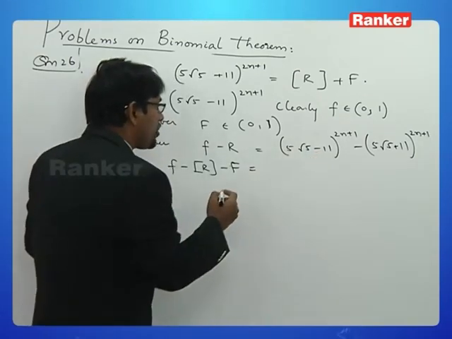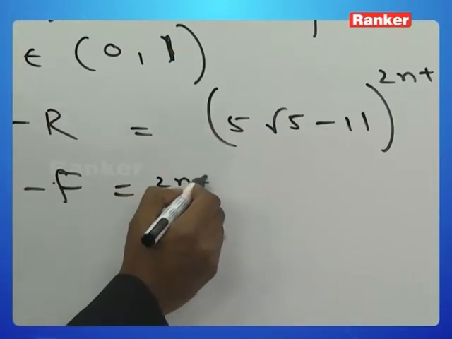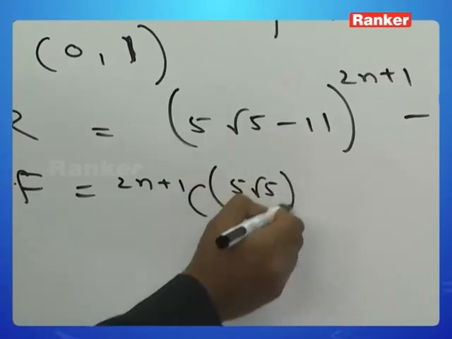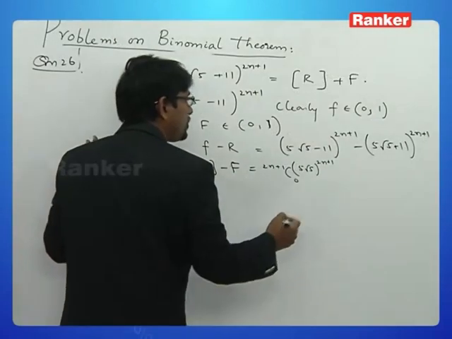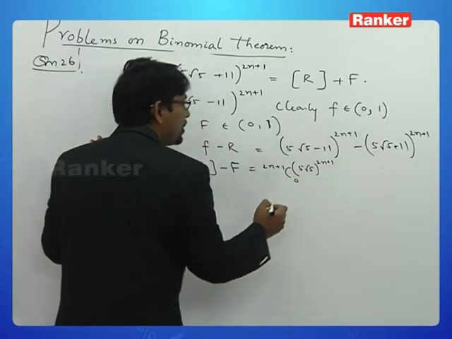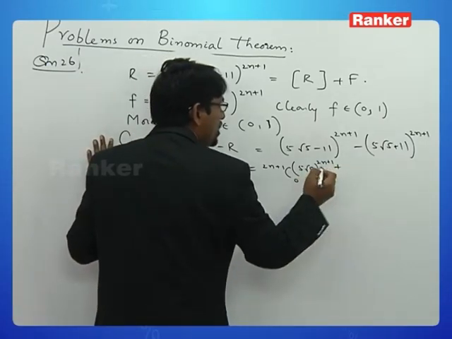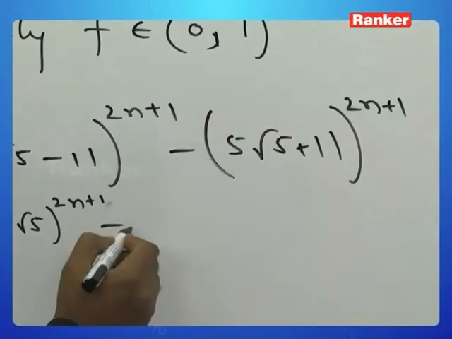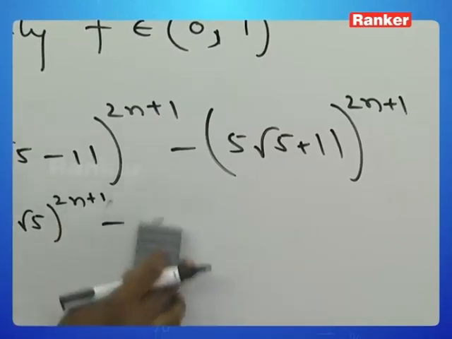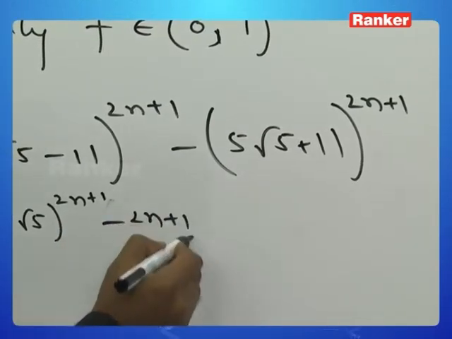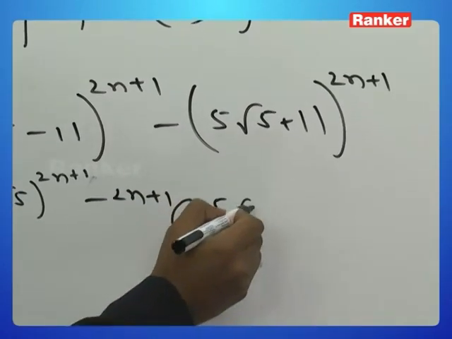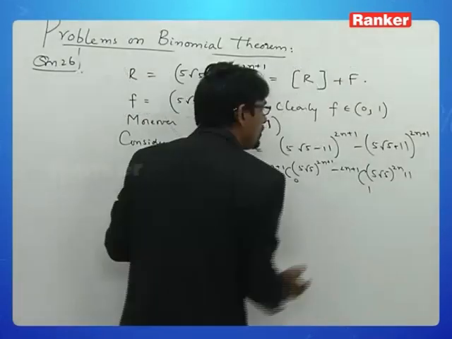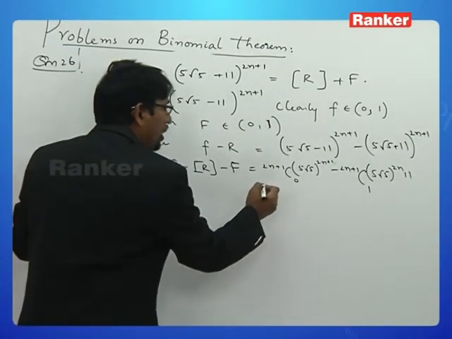Let's put it in the expanded form: 2n plus 1 c naught into (5 root 5) raised to the power 2n plus 1, next plus and minus 2n plus 1 c1 into (5 root 5) raised to the power 2n into 11, and so on.